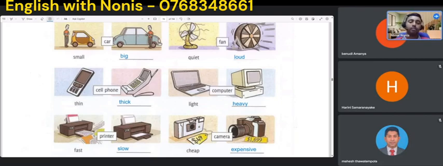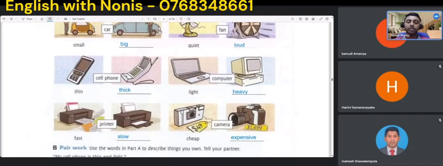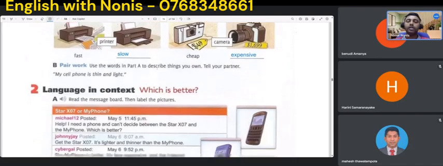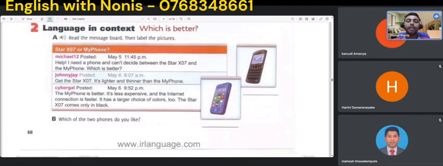If you look at a laptop, it is light. But a desktop is a bit heavy. So we can compare these items using these words. We are going to learn about the comparative and superlative that we learned in the previous weeks. This week we are going to do more practice.